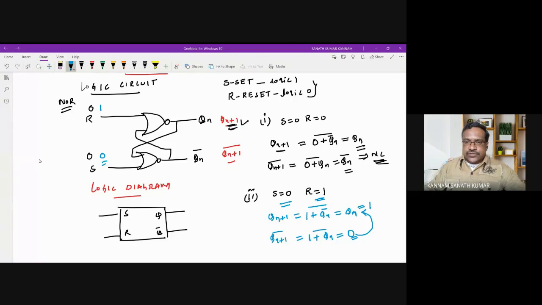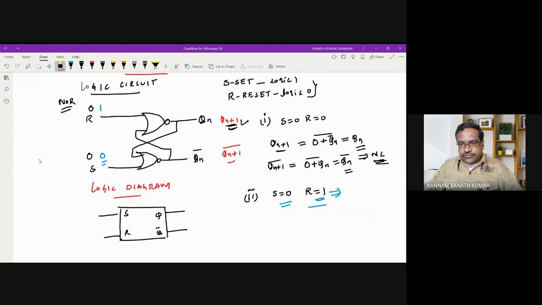So that means when S equal to 0 and R equal to 1, you are getting Qn plus 1 as 1. See here. So when S equal to 0 and R equal to 1, if you see Qn plus 1, so this is 1.